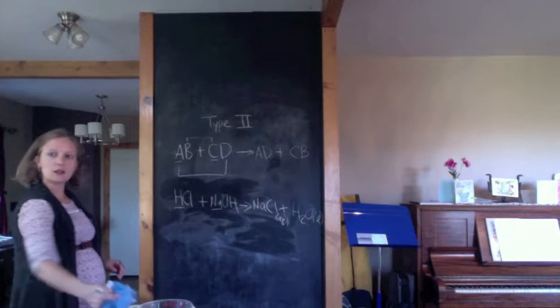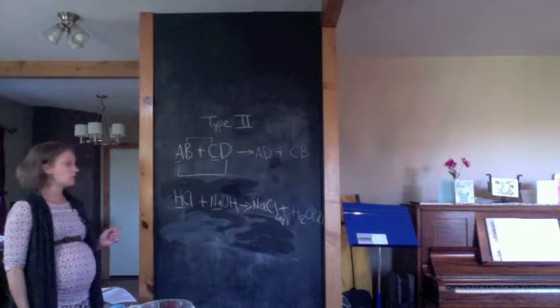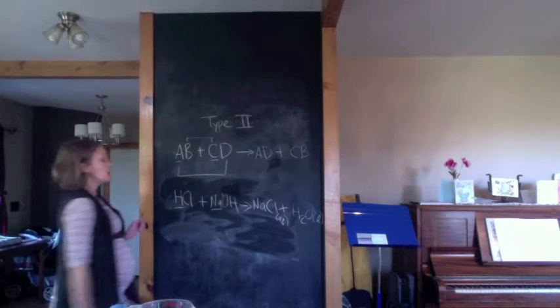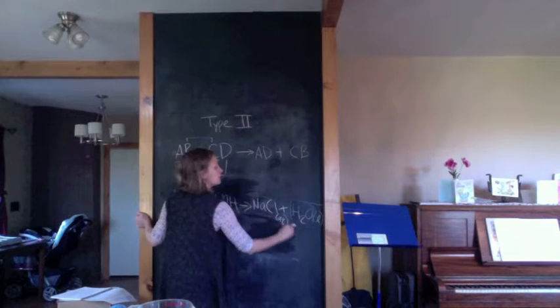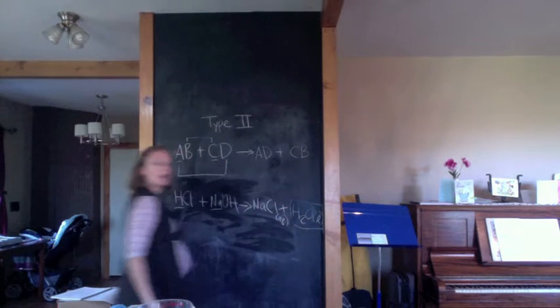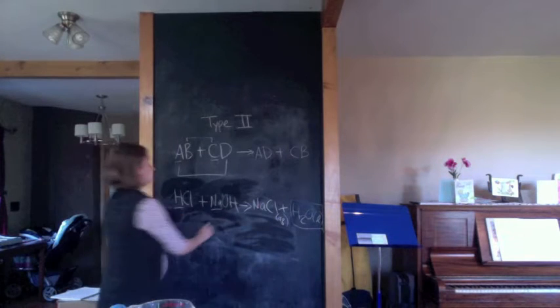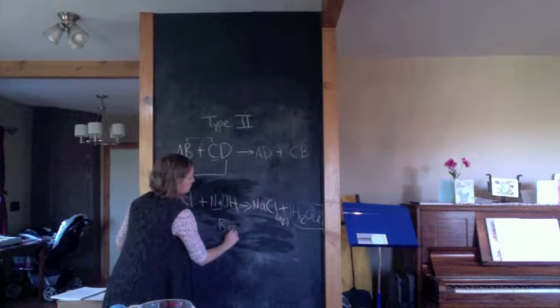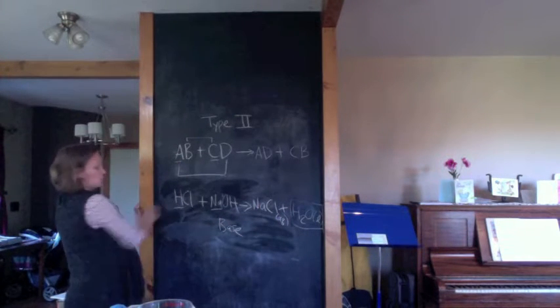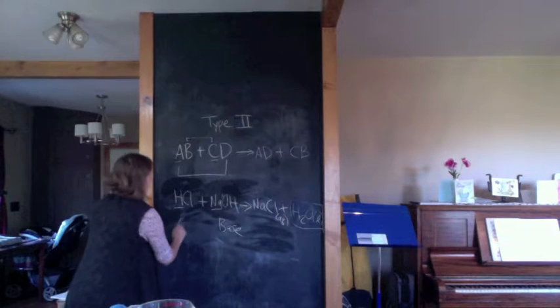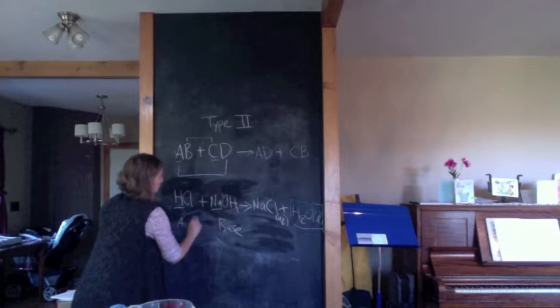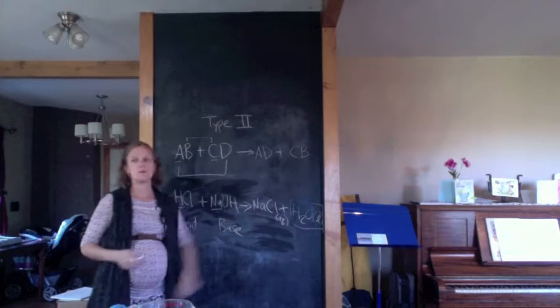So, the major thing about acid and base that should stand out to you, how you identify it, is that one of the products is water, because your hydroxide group from the base bound with your hydrogen from the acid. And those two together make water.